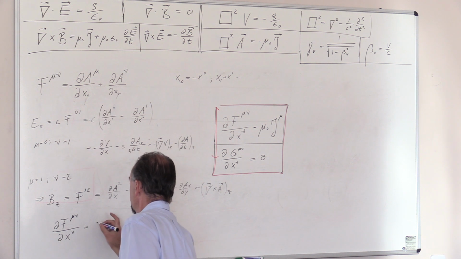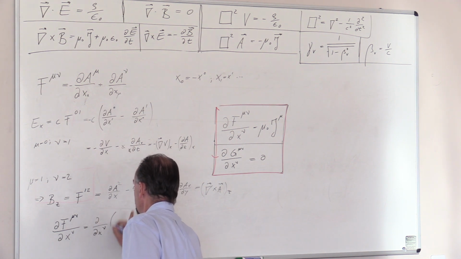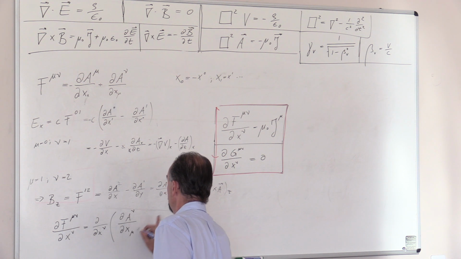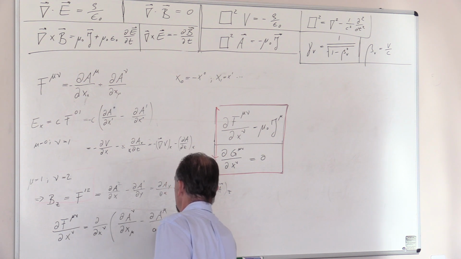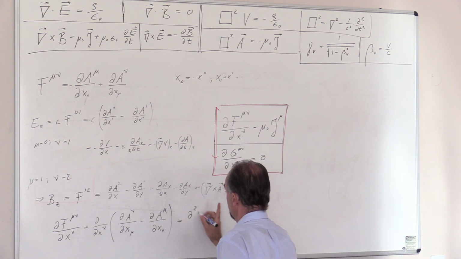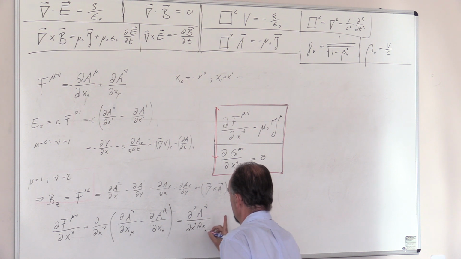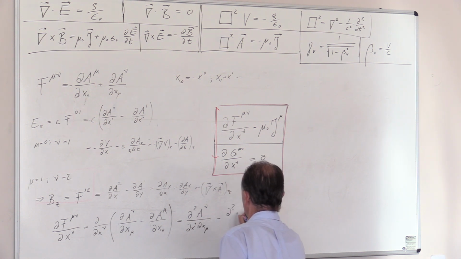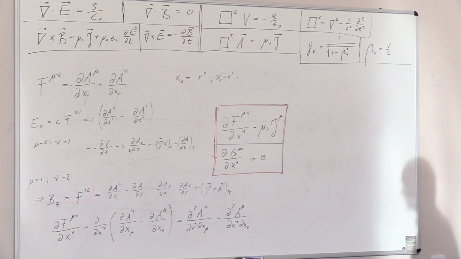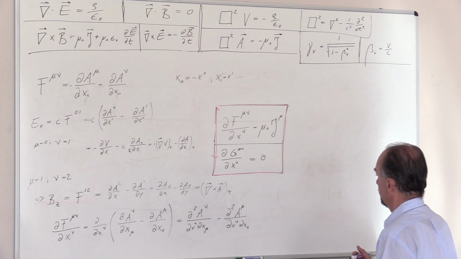If we use that F was dA^nu over dx^mu minus dA^mu over dx^nu, we can write this as d2A^nu over dx^mu dx_mu minus d2A^mu over dx_mu dx^nu.